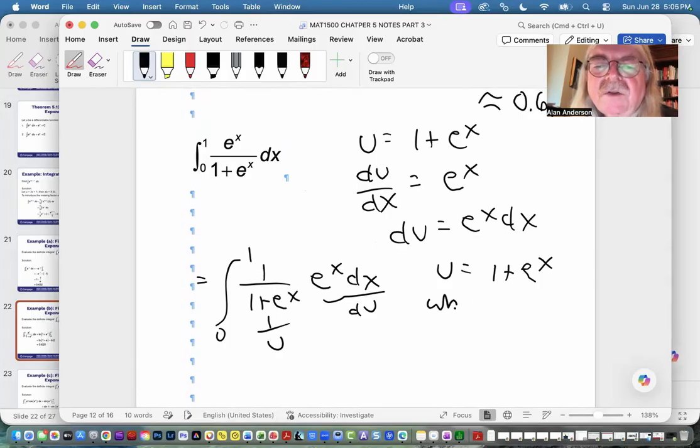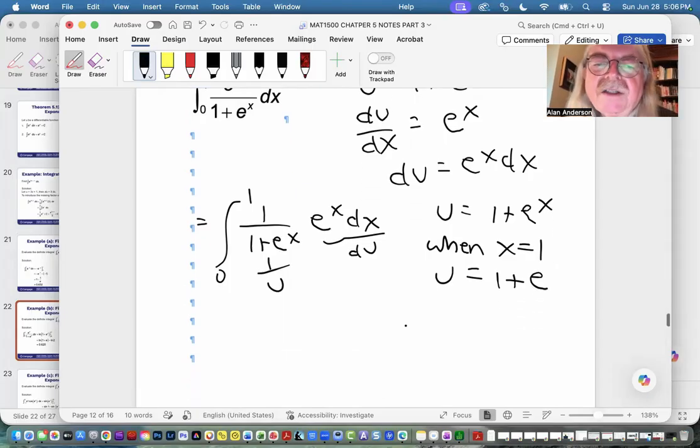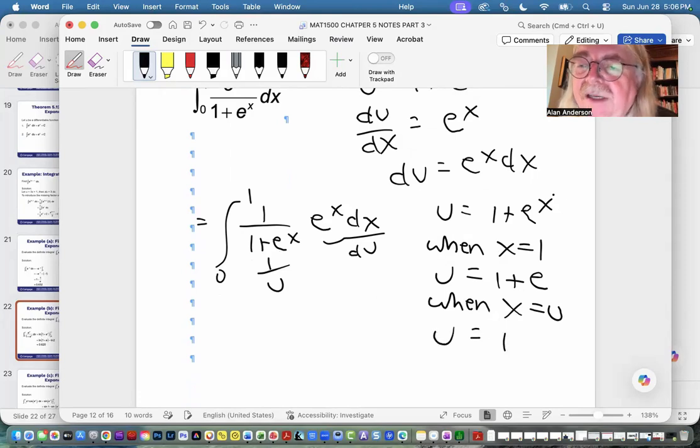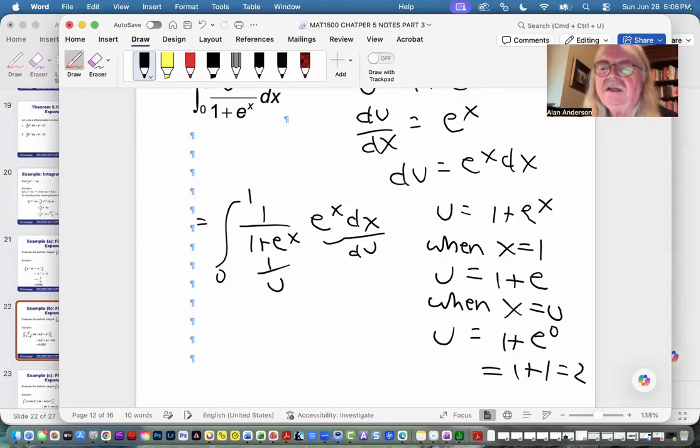So when x equals 1, u equals 1 plus e. When x equals 0, u equals just 1 because that would be e to the 0. Oh, sorry, 1 plus 1. I almost blew it. 2. Okay, there we go.